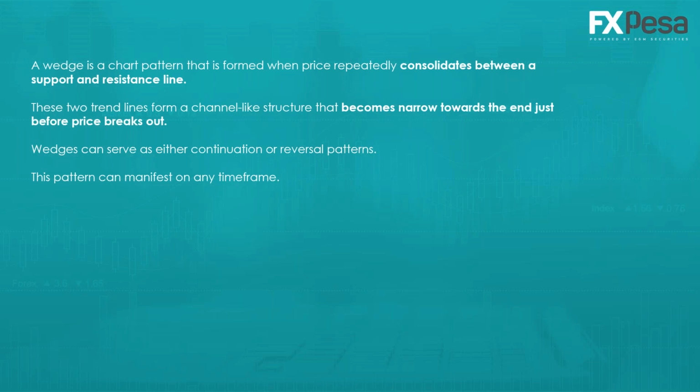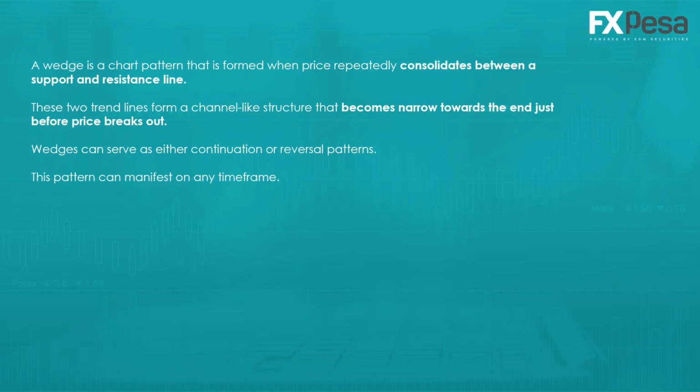So the trend lines form a channel like, but more of a wedge. That wedge or channel like form becomes like an arrow towards the end, and after that the price breaks out. So wedges can serve as either continuation or reversal patterns.